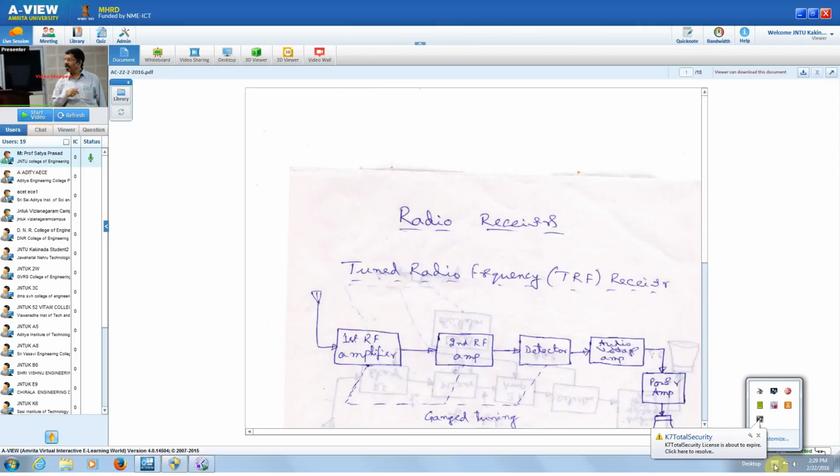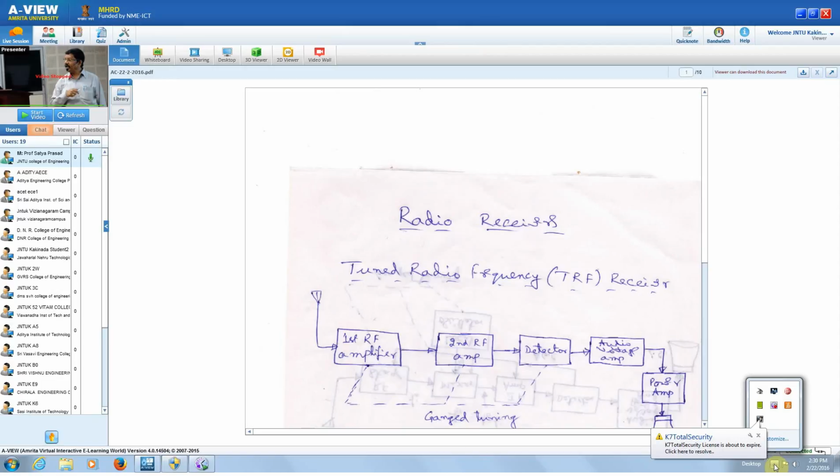There is no received signal, but still the output is going to give you some output. So you detect the output and it will give some unwanted or noise signal. Without any input signal, we are getting a signal from the loudspeaker, which we don't want. So this is the disadvantage of your TRF receiver.